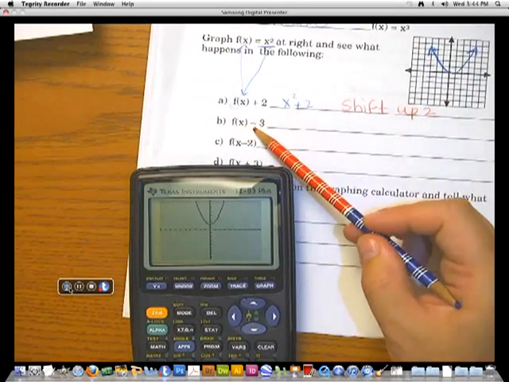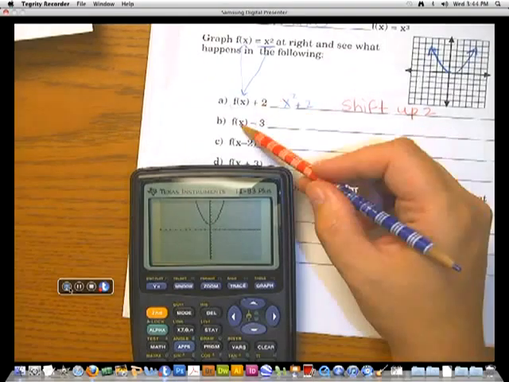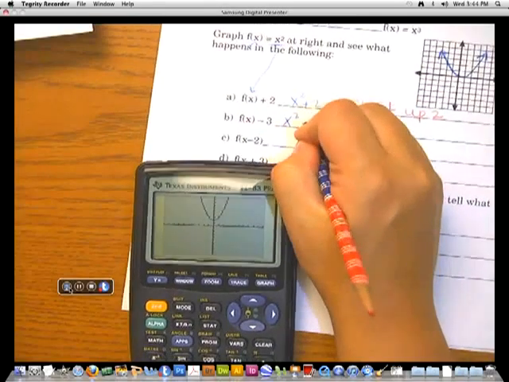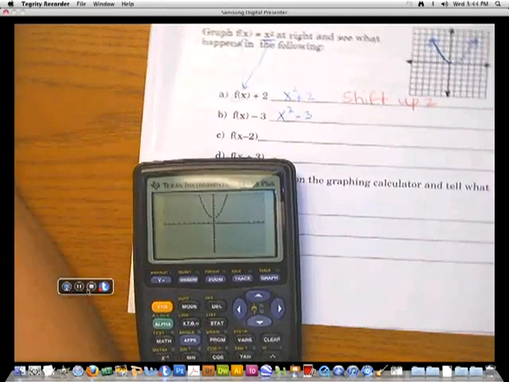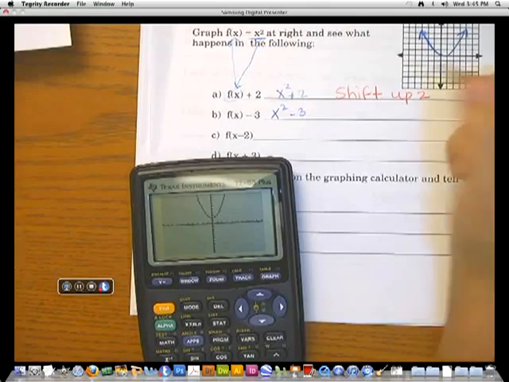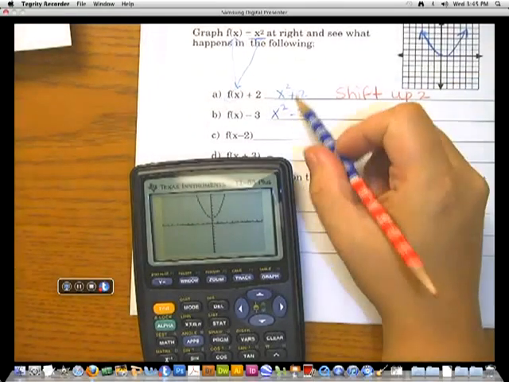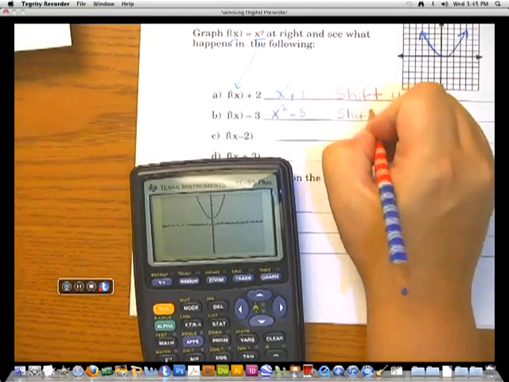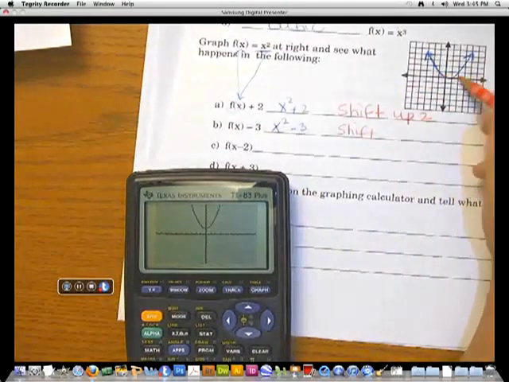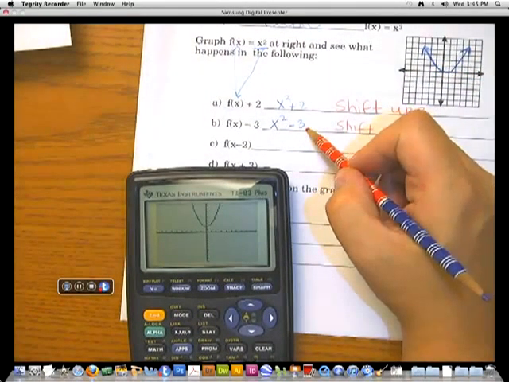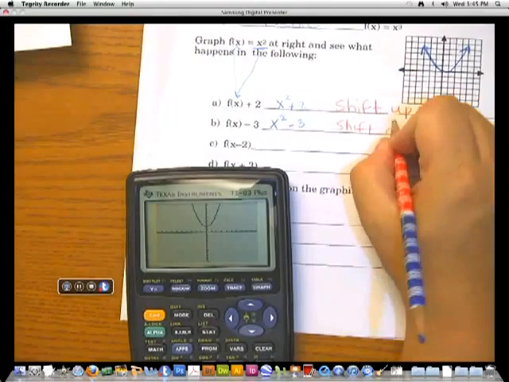So f of x minus 3, what would you think to conjecture if now that's x squared minus 3 on that? You should hopefully put it together that it would shift my original y equals x squared, that it would shift it 3 units down.